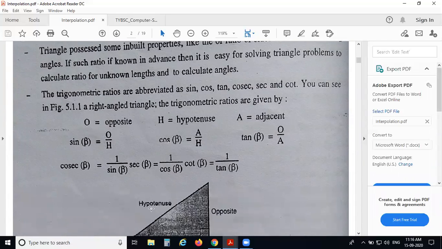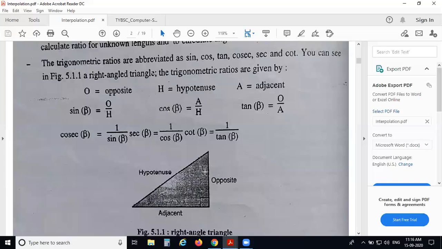See this triangle: this side is the opposite side, this is the adjacent side, and this is the hypotenuse. O denotes opposite, H denotes hypotenuse, and A denotes the adjacent side, and this is the angle beta.